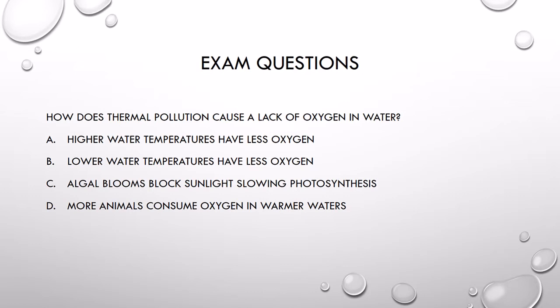That is also untrue. Answer C, algal blooms block sunlight, which slows photosynthesis. This is the correct answer because the algae on the top of the water blocks the sunlight from getting to the plants on the bottom, which prevents them from conducting photosynthesis, which greatly reduces oxygen levels at the bottom of lakes and rivers.